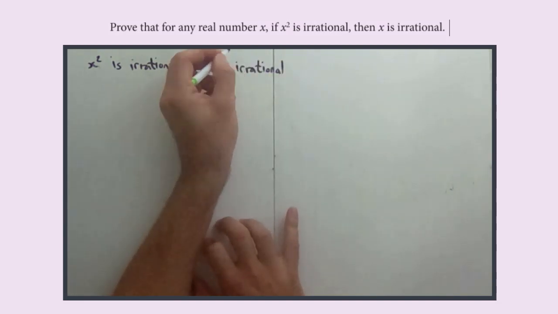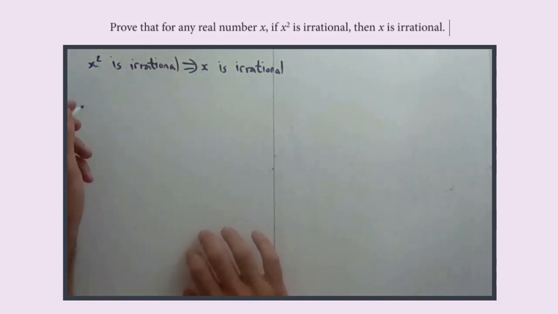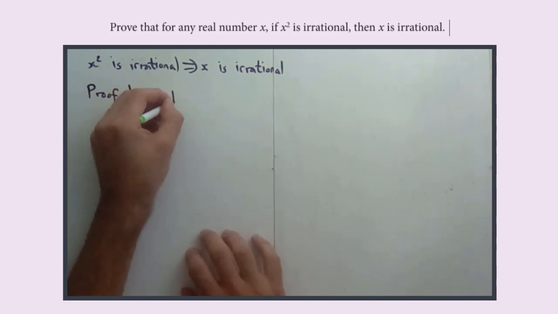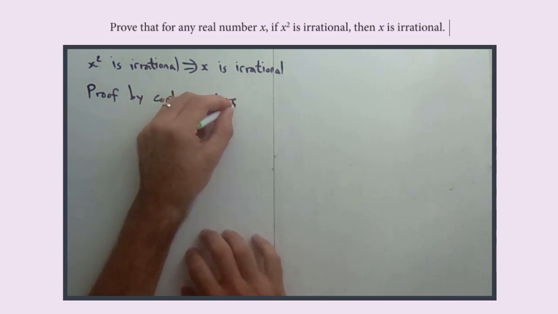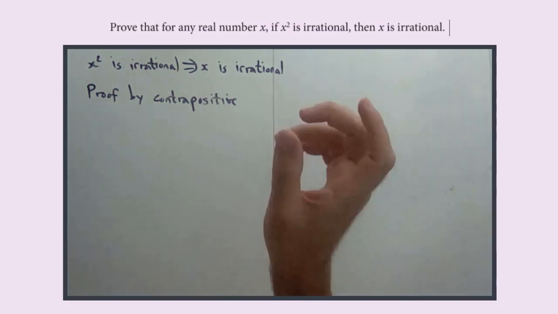And this could be done using a proof by contradiction, something like that. But on this occasion, we're going to do a proof by contra-positive. The reason for doing this is because with the contra-positive, we're going to end up negating both of these.